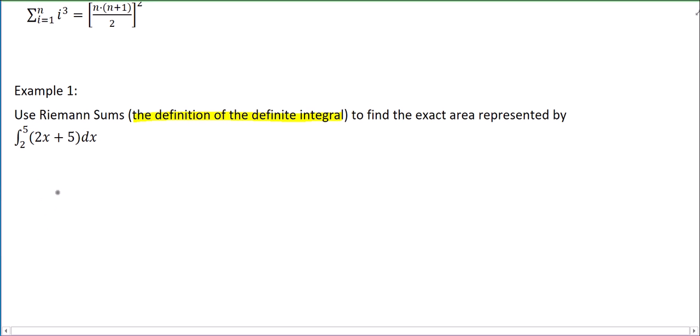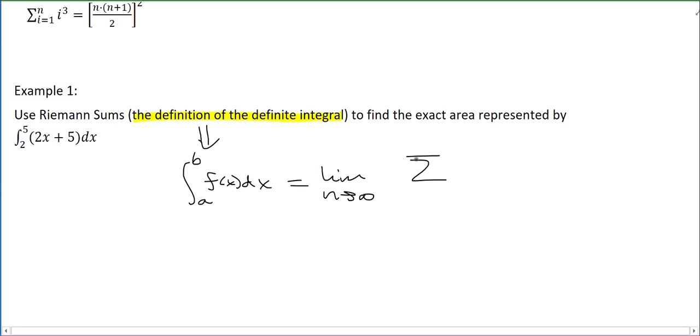And so the definition of the integral to remember here is that when you're given the integral from a to b of f of x dx, this is defined to be the limit as n goes to infinity, where n represents the number of rectangles of our sum that we learned. Without the limit, this is giving us just the approximation of the area.